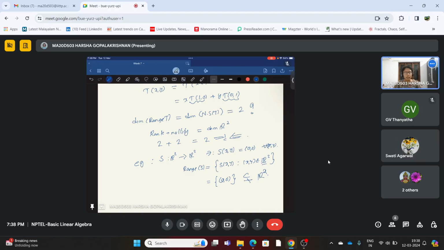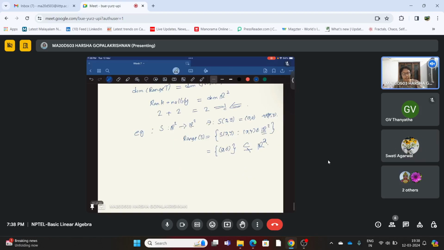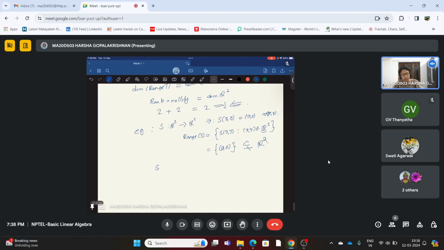Now, if I take S naught as the identity map from R2 to R2 such that S naught of (x,y) equals (x,y), what is the range of S naught? What are all the images of S naught?